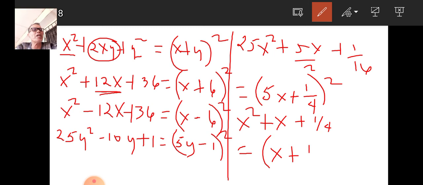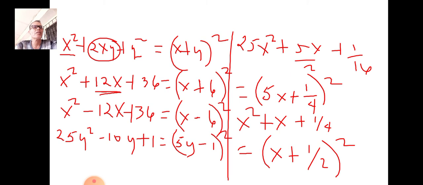The square root of 1 is 1, over the square root of 4 is 2, quantity squared. So the factors of x squared plus x plus 1/4 is equal to the quantity x plus 1/2, squared. So that is how to factor the perfect square trinomial.